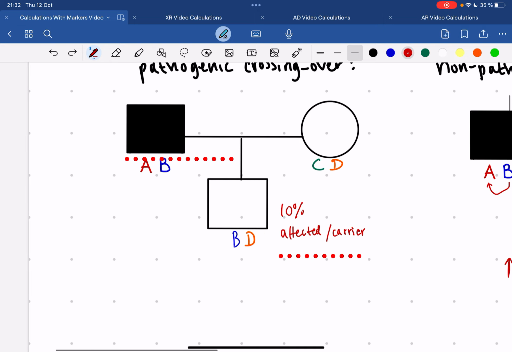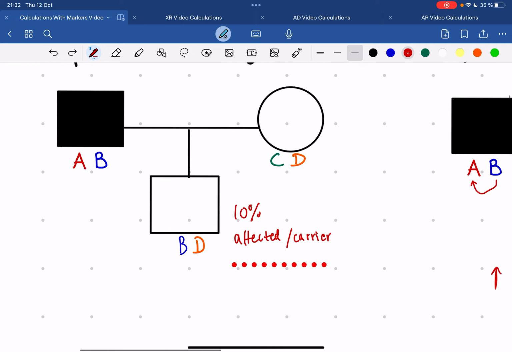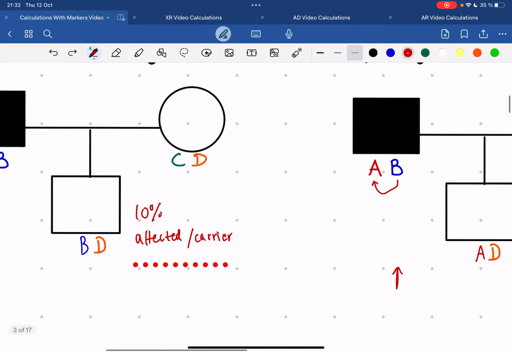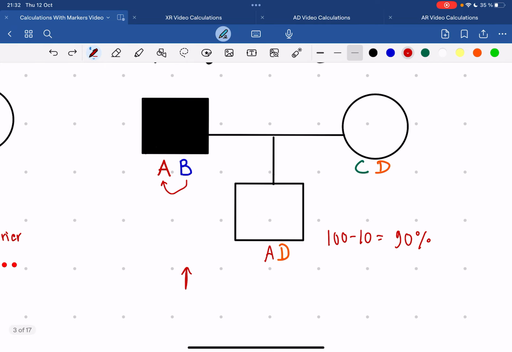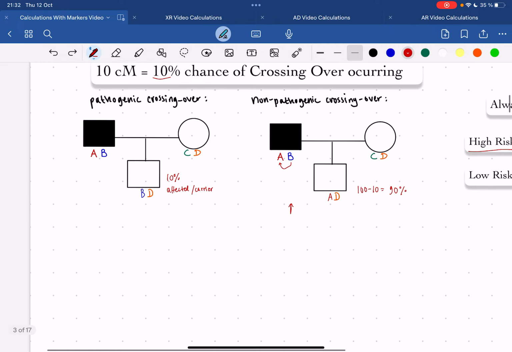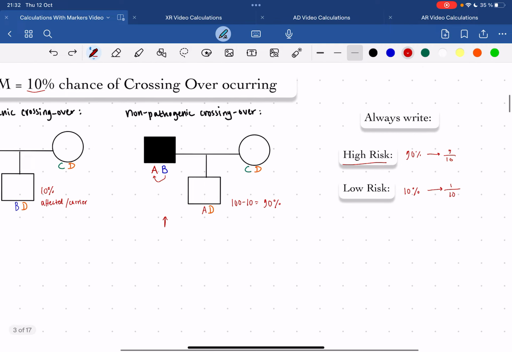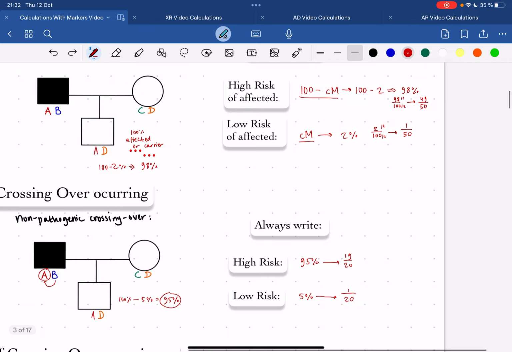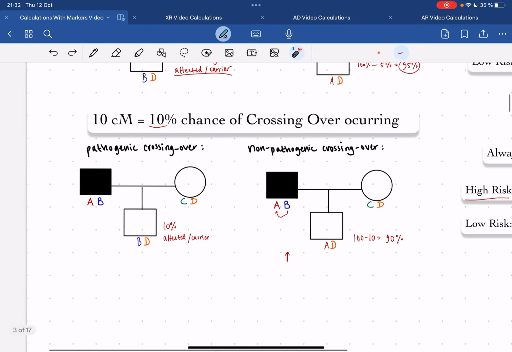While here, even though there's a high risk that this marker is correct, it could still be an A undercover, meaning that there is a 10% chance of affected here, while here there's a 90% chance of being affected because the other 10 could mean that it's a B undercover. So the percentages are always representing the risk of being affected or a carrier, not the risk of being healthy.